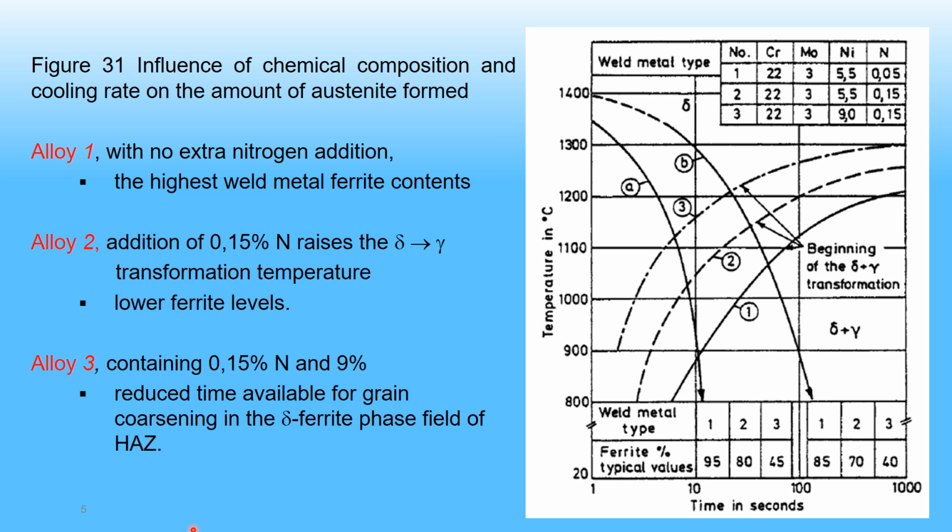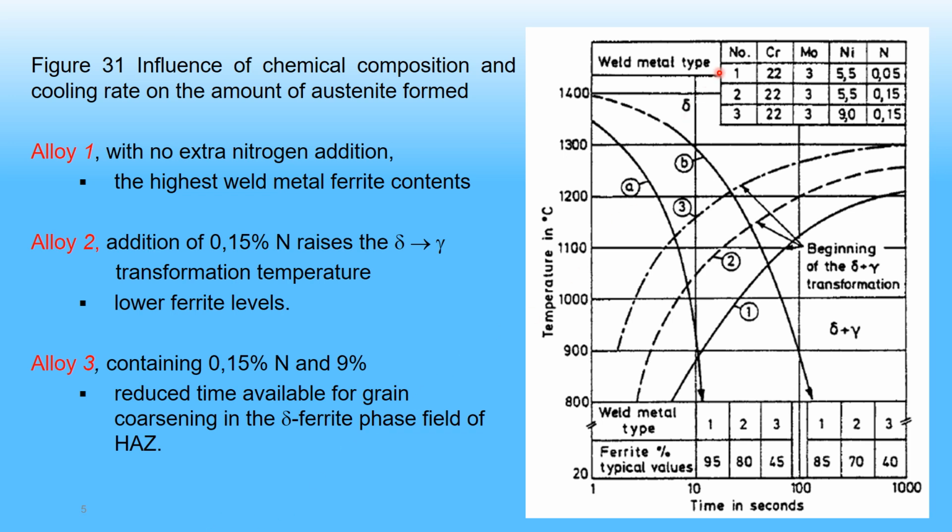Now, nitrogen is a strong austenite former, so it raises the ferrite to austenite transformation temperature to improve the balance of the phase ratio. This is illustrated in figure 31, which shows the influence of chemical composition and the cooling rate on the amount of austenite formed.